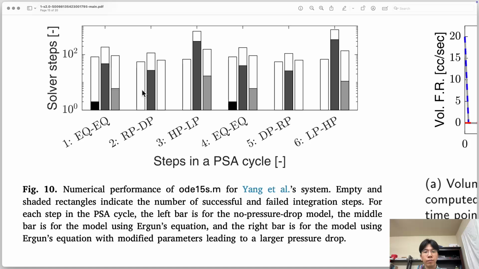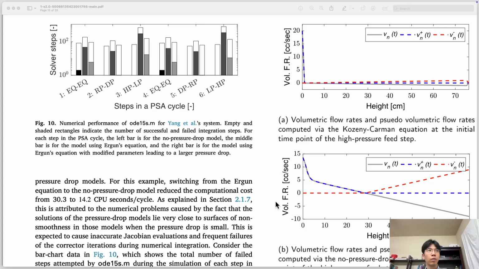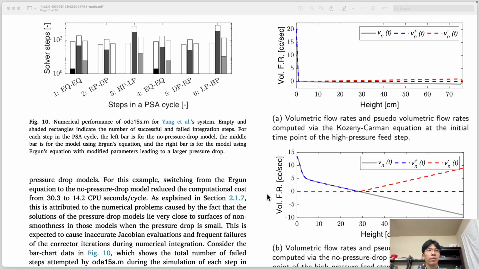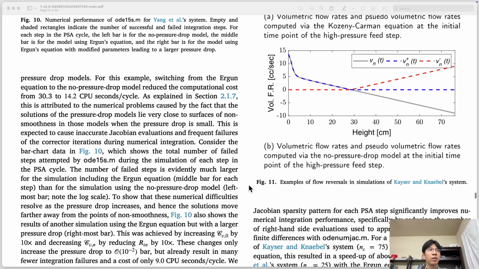But for the first bars, the no pressure drop model, they generally perform much better in terms of dealing with failed steps in numerical integration. The smaller the number of failed steps we have, the better the numerical performance of integration is. So this was nice for comparing the numerical performance of different ways of calculating the volumetric flow rates inside the right-hand side function.